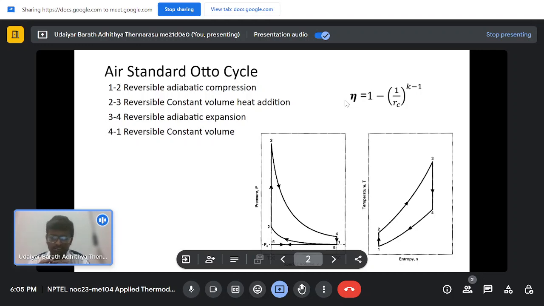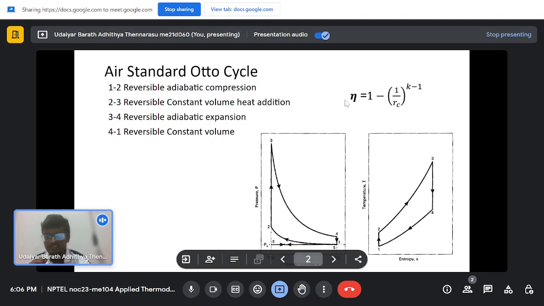We also assume that the properties of the air don't change throughout the cycle. These are the major assumptions to simplify the cycle for analysis, because we cannot complicate it too much. It makes the process simpler to study and gives an estimate of the values to find the efficiency of the cycle or how much work you get out of it.